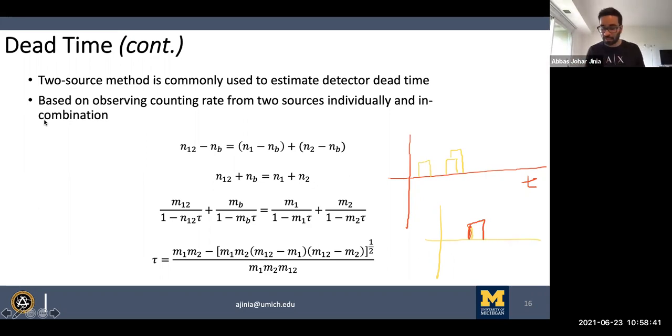Once it has finished processing the first, that's when it will take the second radiation into account. So these two models are theoretical ways of making dead time corrections, so that we can relate the true interaction rate and the count rate of the detector.